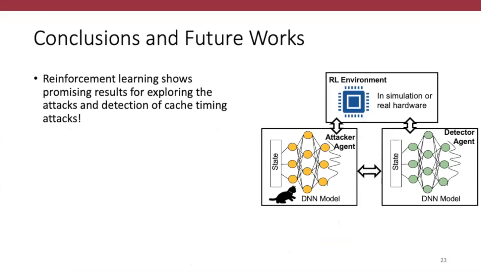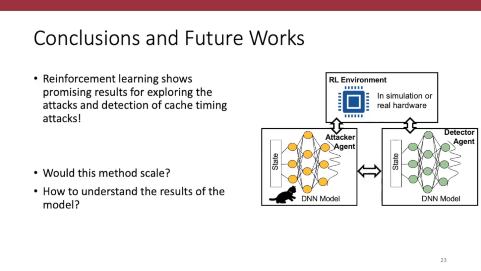So to conclude, we find RL can help both find vulnerabilities in a system and help design a detector agent. And with the multi-agent training method, the detector is very robust. However, there are a lot of things to do in the future. For example, how can we scale this method to larger real-scale caches or include more attacks in the microarchitecture design?